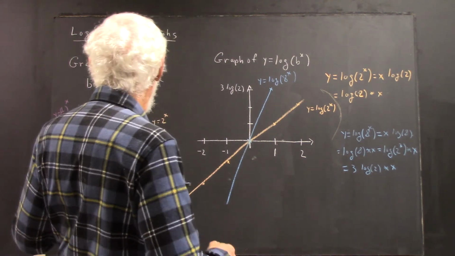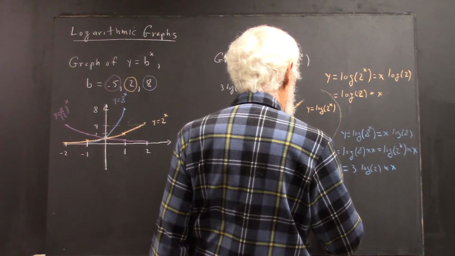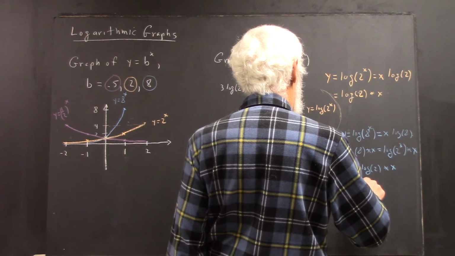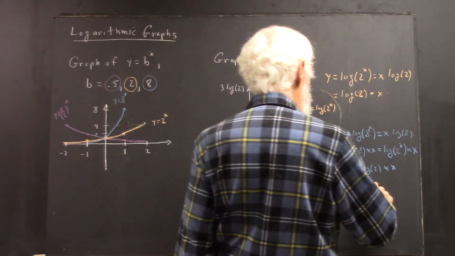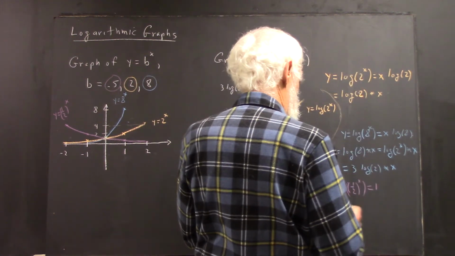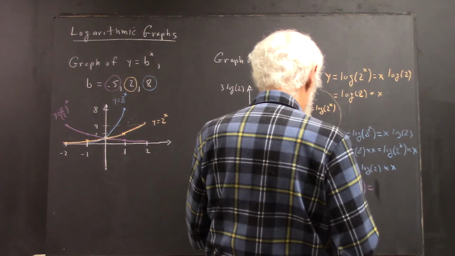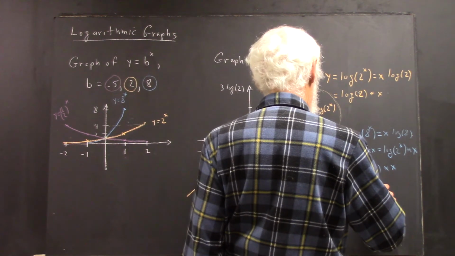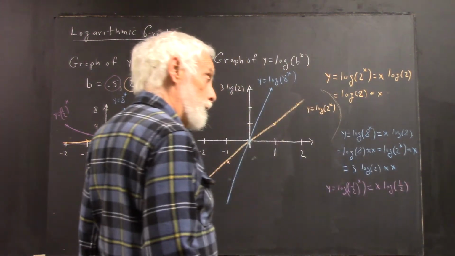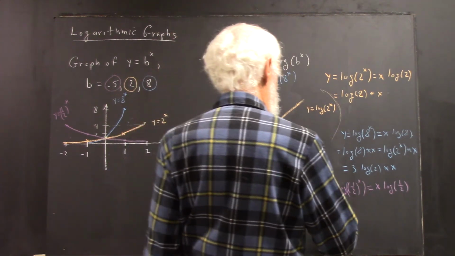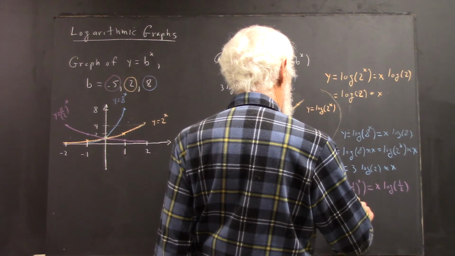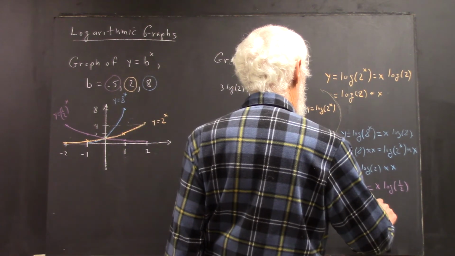For the graph of y equals log of 0.5 to the x, or log of 1/2 to the x, we have x times log of 1/2, which is x times log of 1 minus log of 2.